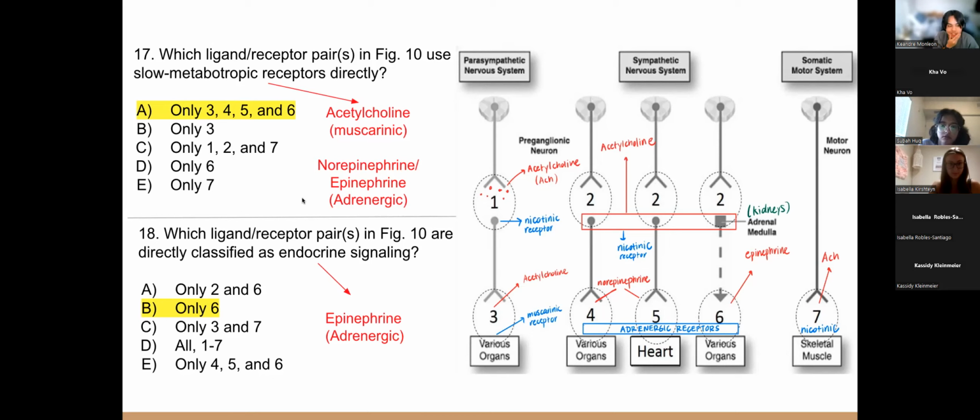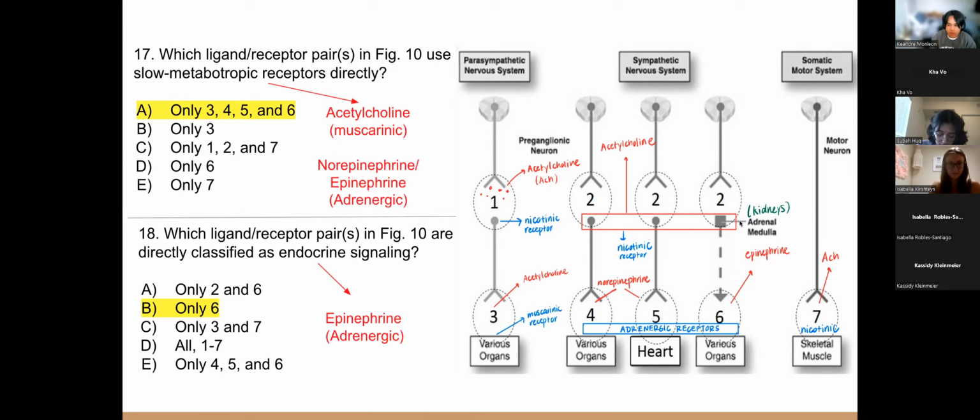And in terms of the next question, it's asking about endocrine signaling. When you think endocrine, the first thing that should come to mind is hormones, right? So with hormones, the only thing associated with it is actually 6.